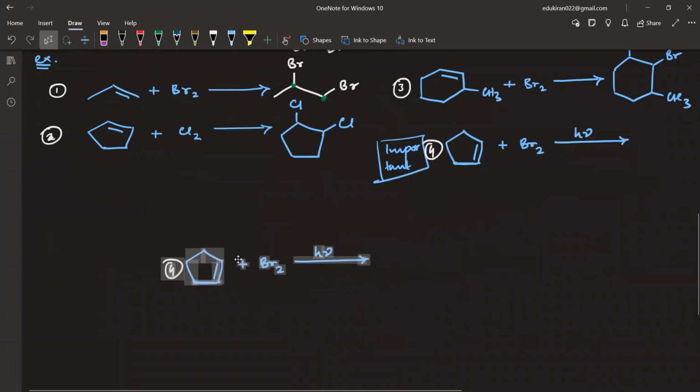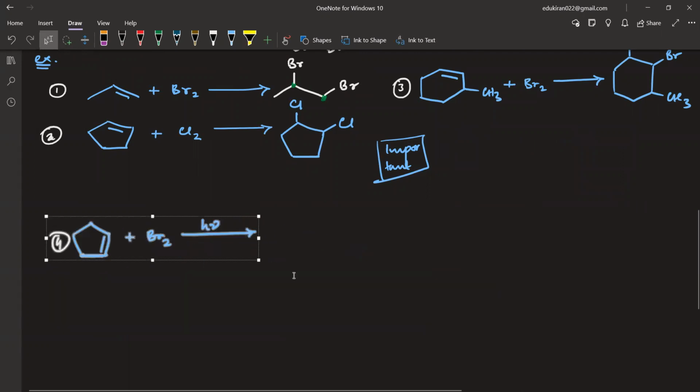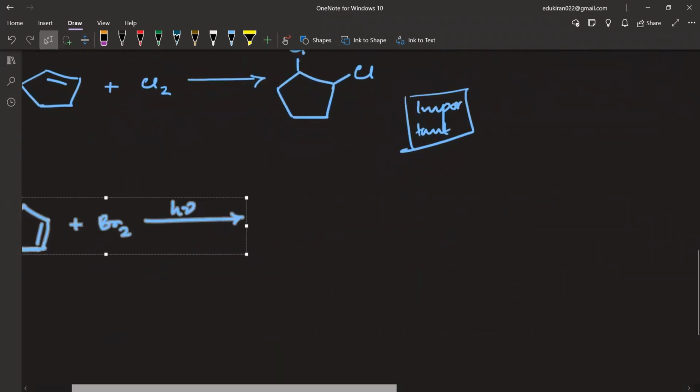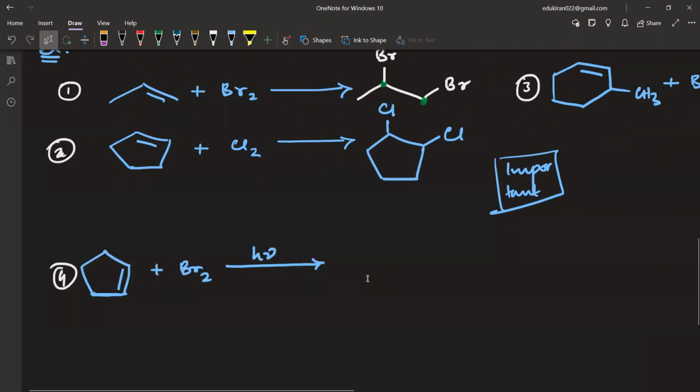You should not just say a term by memorizing it. What is anti-Markovnikov rule? Do you remember? Tell me first. Sir, the negative part of the addendum, the adding molecule, the reagent. So what will the negative part be? Br2 is nonpolar, right? Br and Br both have the same electronegativity. It is a symmetrical reagent, right? So there is no Markovnikov or anti-Markovnikov here.